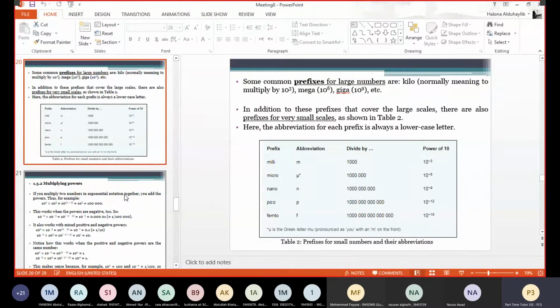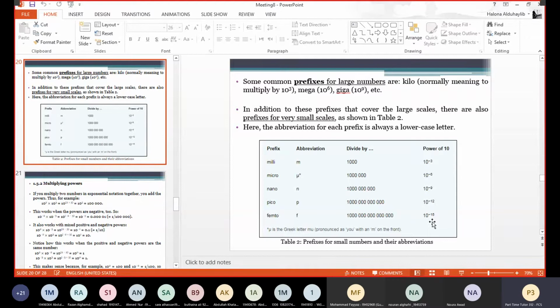In addition to these prefixes that cover the large scale, there are also prefixes for very small scale, which are milli, 10 power minus 3, micro, which is 10 power minus 6, nano, which is 10 power minus 9, pico, which is 10 power minus 12, femto, which is 10 power minus 15.